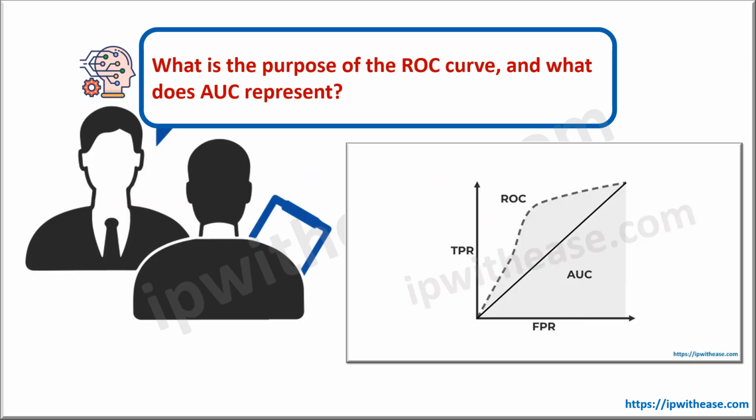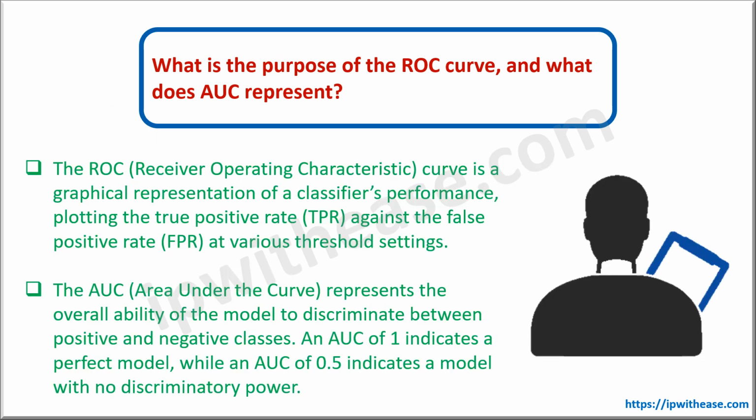So, what is the purpose of ROC curve and what does AUC represent? ROC, also known as Receiver Operating Characteristic Curve, is a graphical representation of a classifier's performance, plotting the true positive rate against the false positive rate at various threshold settings.